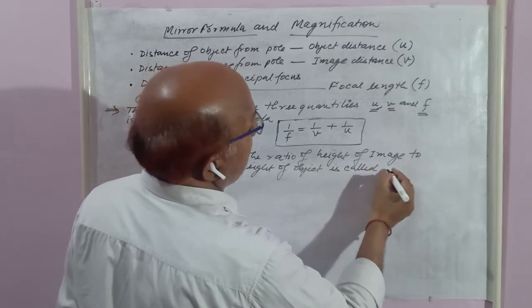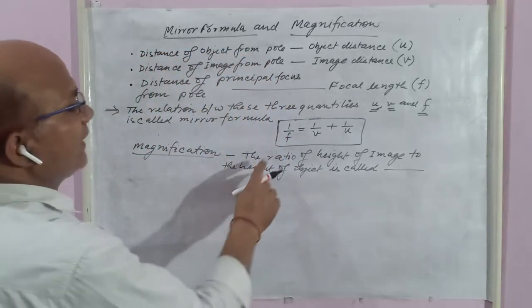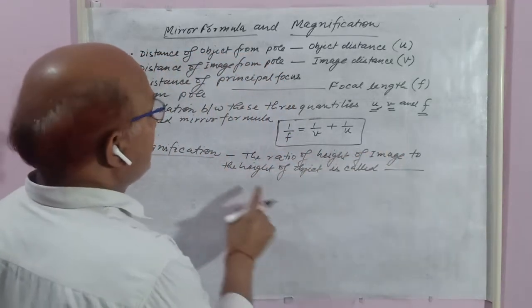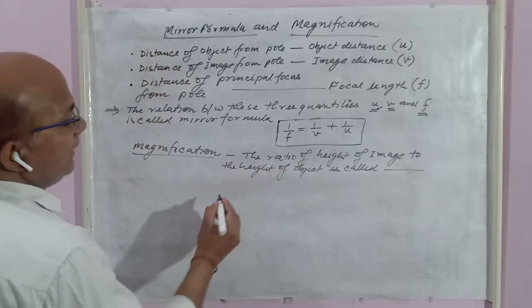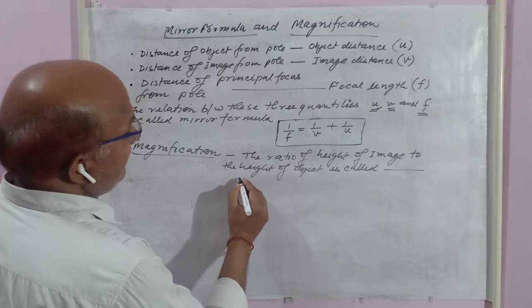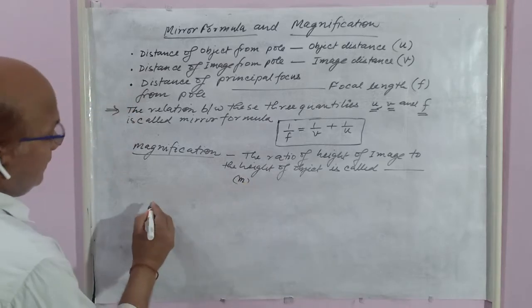The ratio of height of image to the height of object is called magnification, and it is denoted by the letter M.